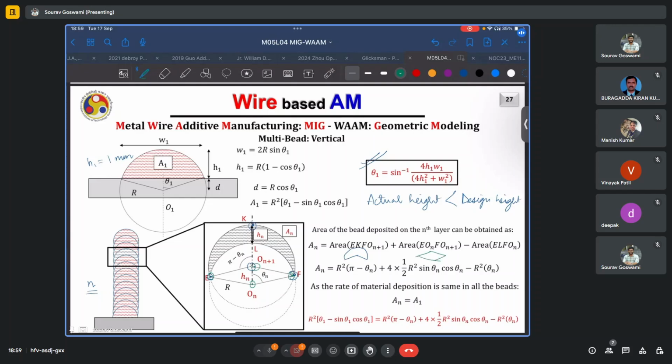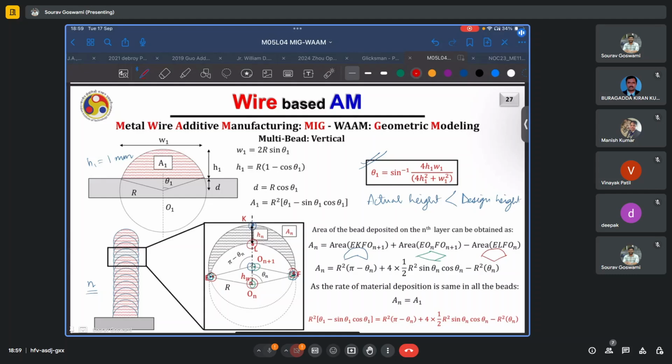Then we subtract ELF and ON. And this composite operation will actually give us the area An, which is highlighted in black here.